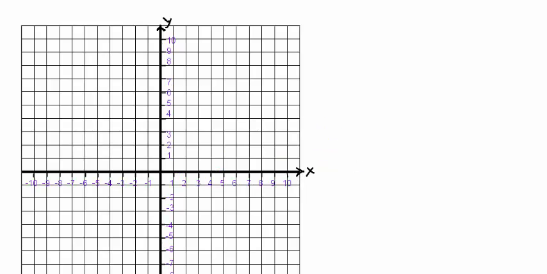In the xy coordinate plane, which is also known as the Cartesian plane, every point has its own values of x and y coordinates.